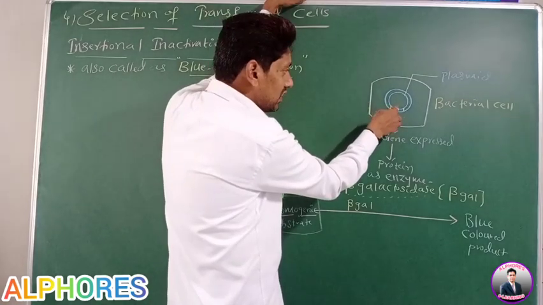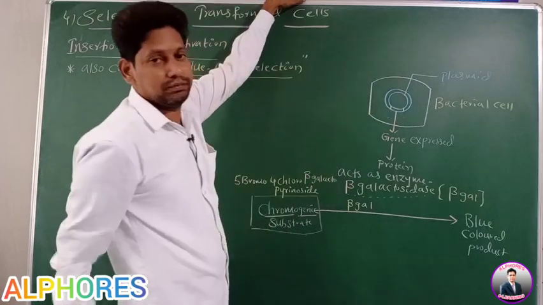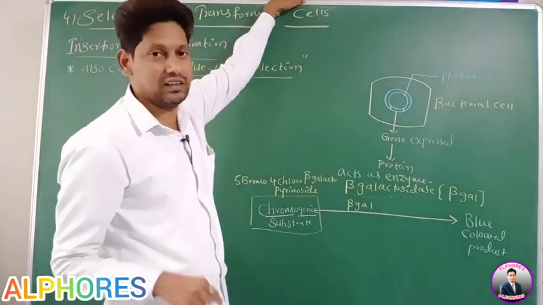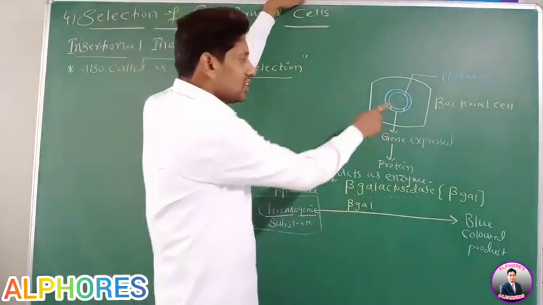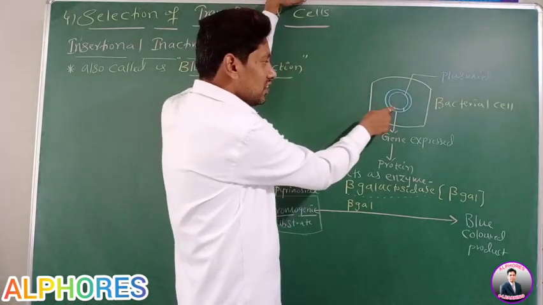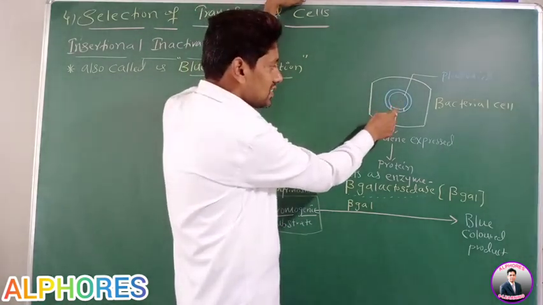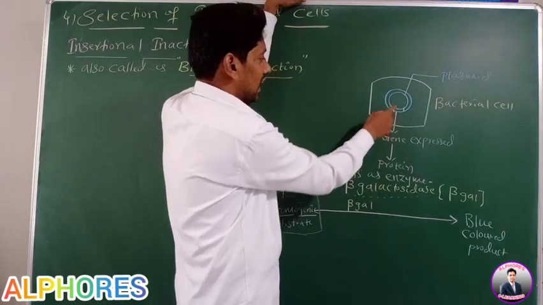In the place of that gene, the desired gene is inserted. We are inserting the desired gene in the place of the gene which produces beta galactosidase enzyme.